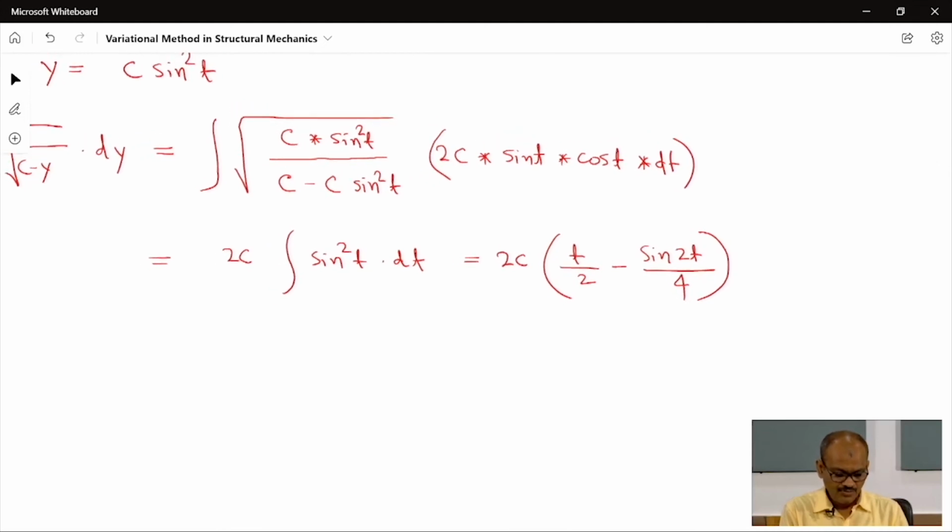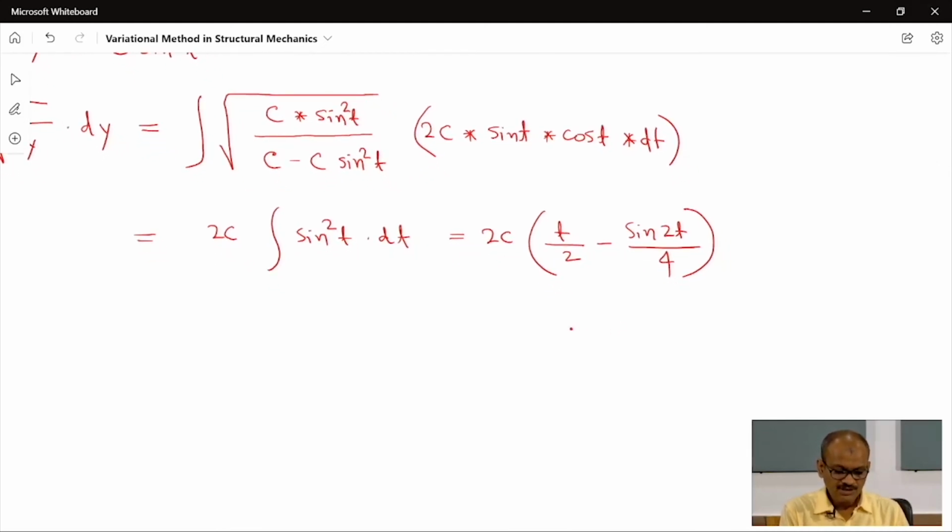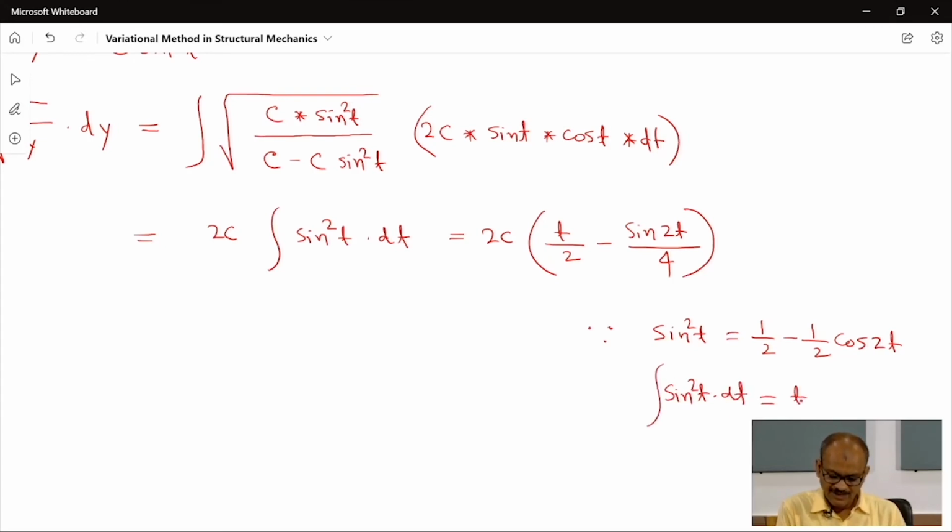Here we used this trigonometric relation: sin square t is equal to half minus half cos 2t. Then sin square t into dt, if you integrate, becomes t by 2 minus 1 by 4 sin 2t. So that we used here.